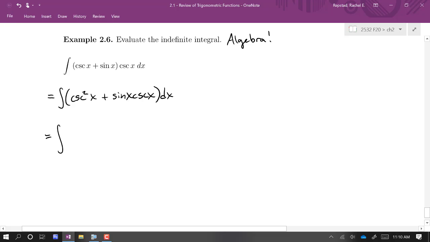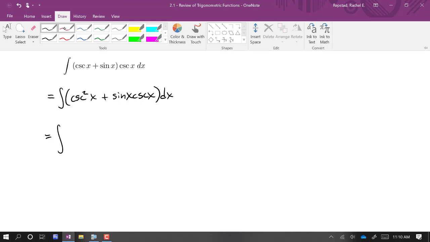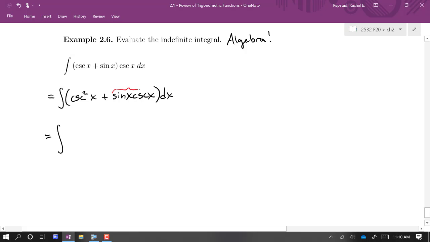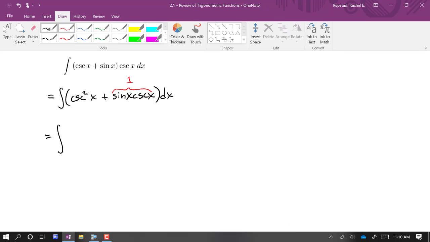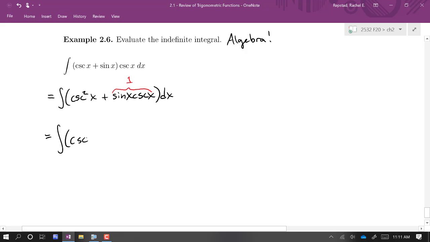Now sine x times cosecant x is equal to 1 because cosecant is the reciprocal of sine. So we've got cosecant squared x plus 1.